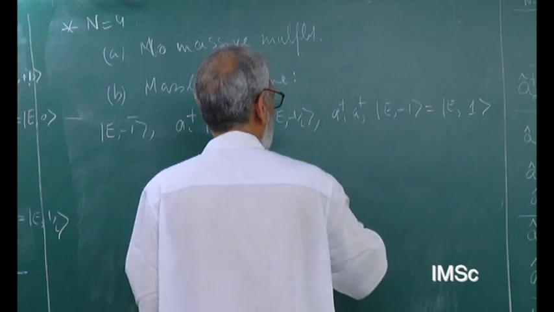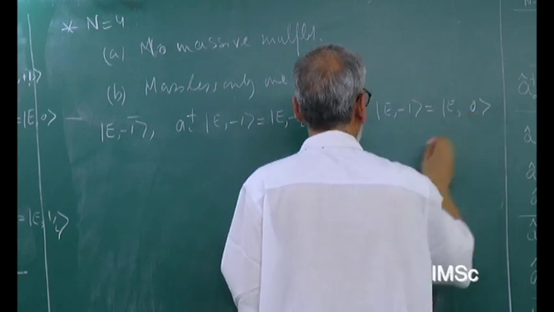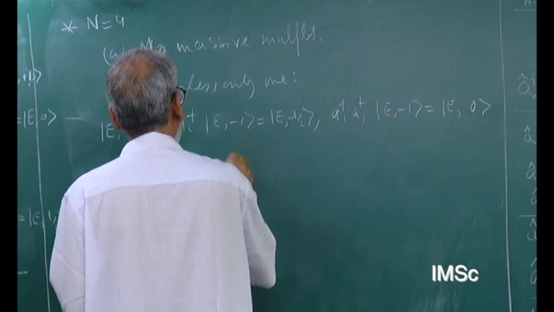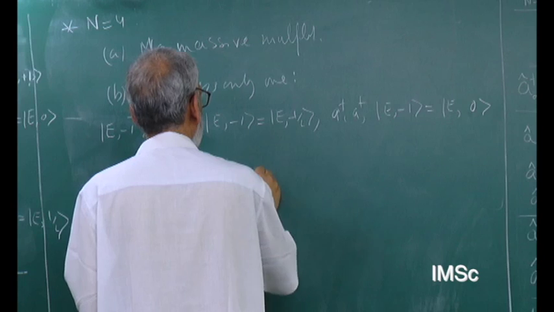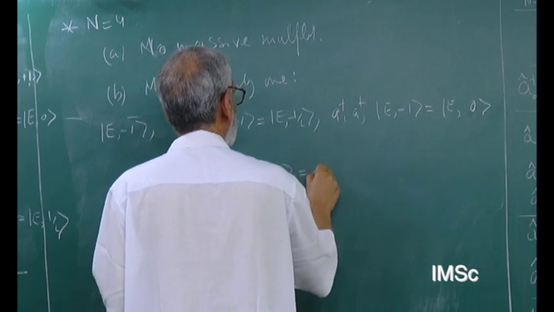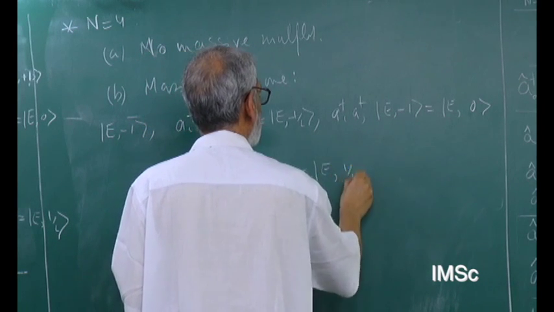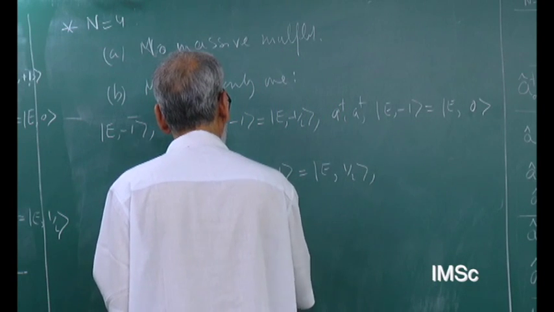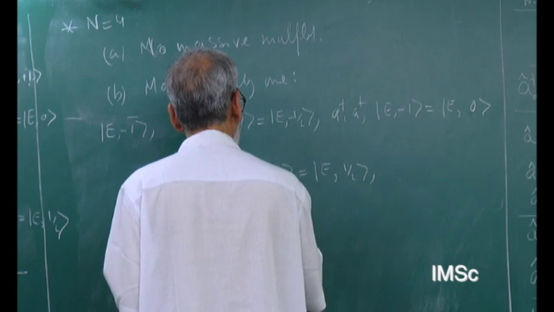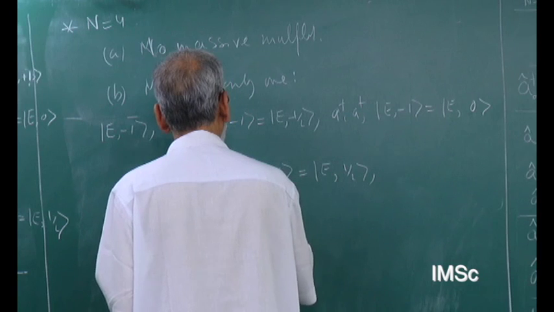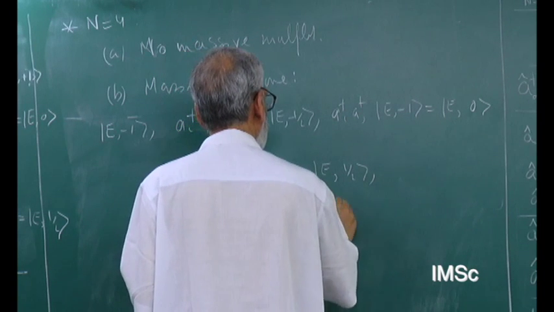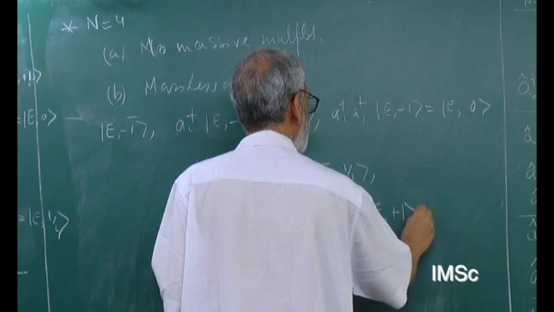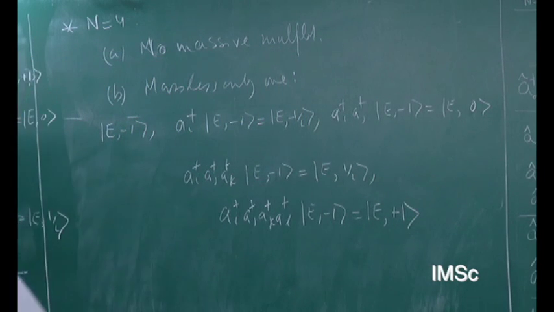This is minus half, this is 0. This is the multiplet.